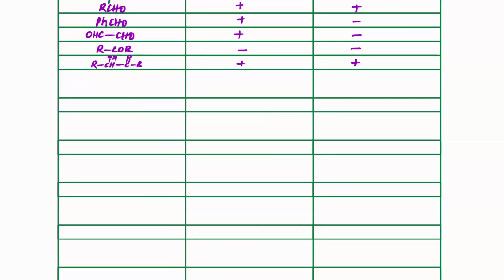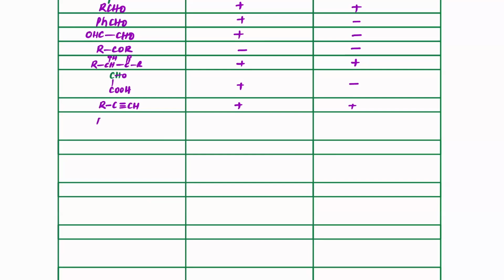Please check. If you have CHO and COOH, in that case also this is positive, this is negative. Got it? If you have R C triple bond CH, this is positive, positive.